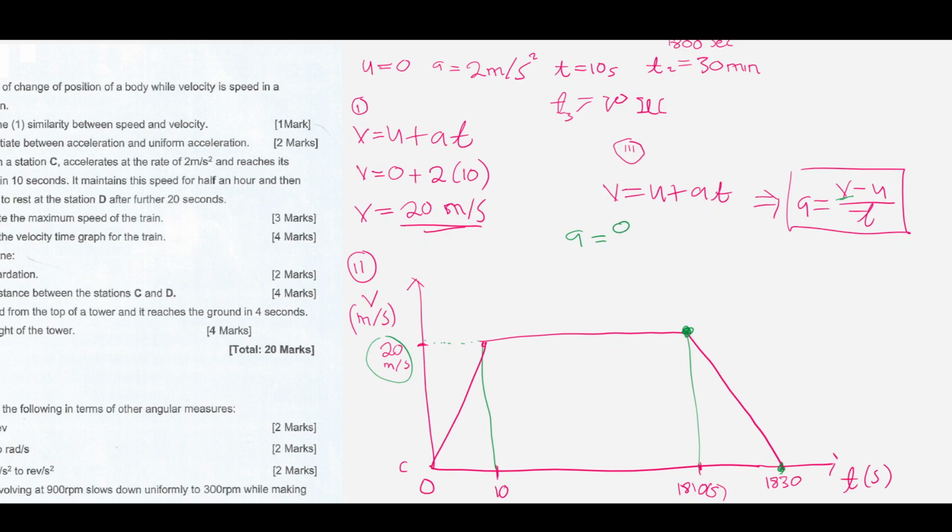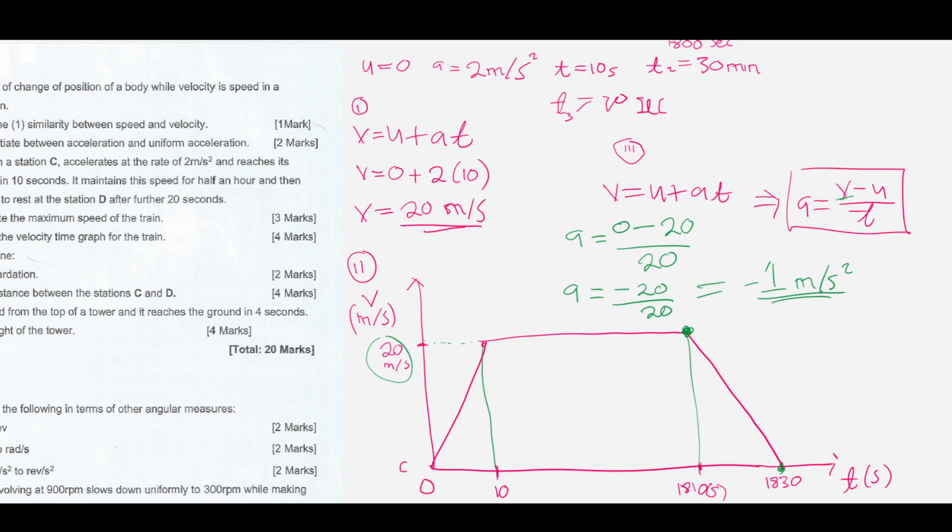So v will be 0 minus u, which is our initial 20, over t, which is 20 again. Okay, so we're going to have a equal to negative 20 over 20, which is equal to negative 1 meter per square second.